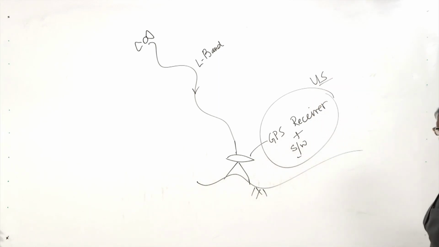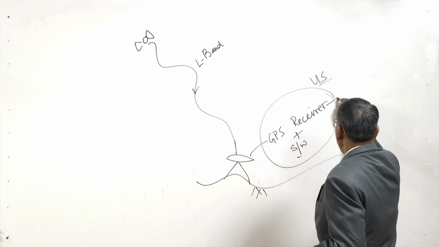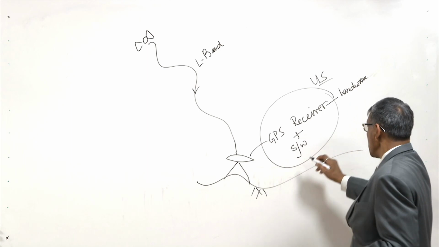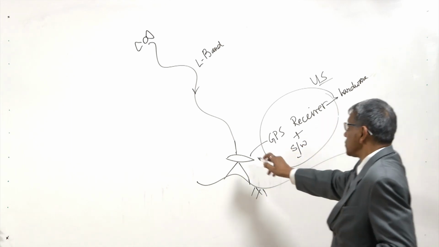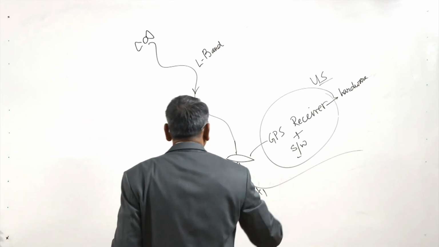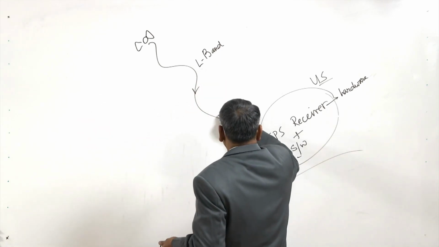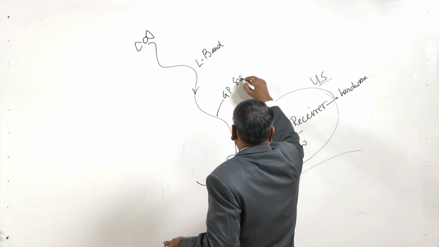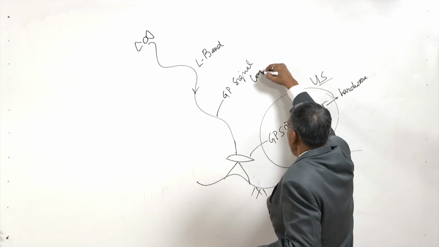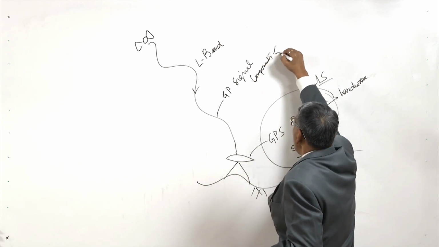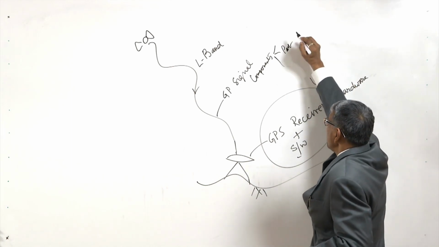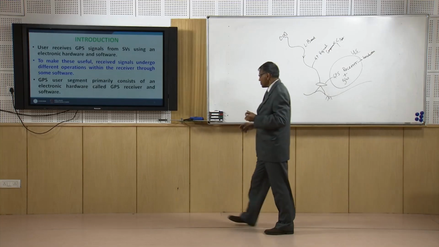So the GPS receiver hardware, this is a hardware or electronic instrument, makes use of some software to receive this GPS signal, and this GPS signal actually has many components, and part of these components we will be making use of.